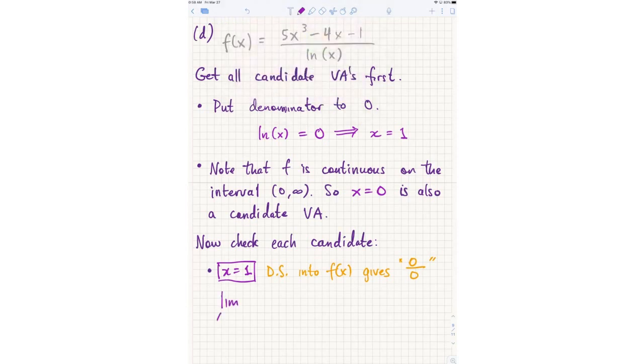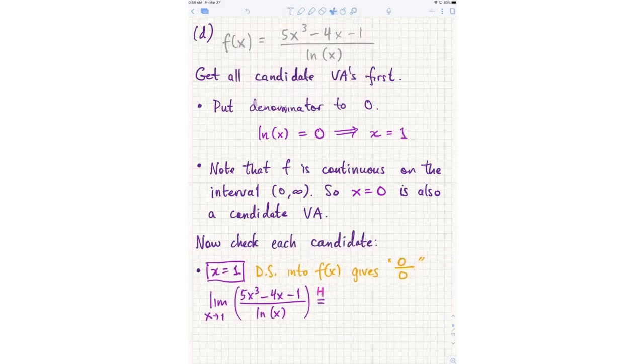So let's look at the limit as x goes to 1 of this function. Using L'Hopital's rule, I differentiate the numerator and denominator separately.